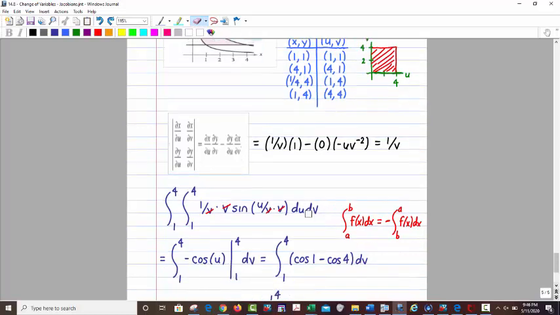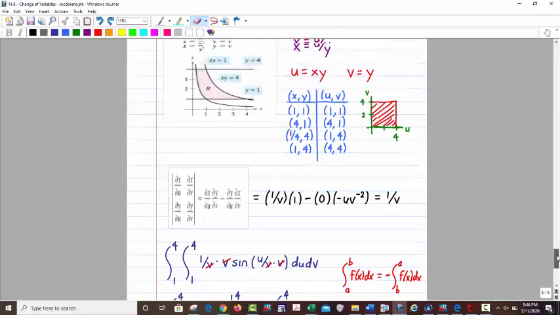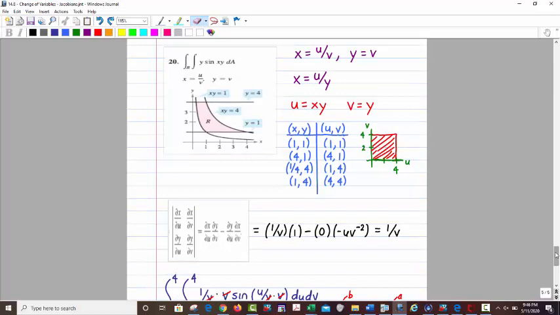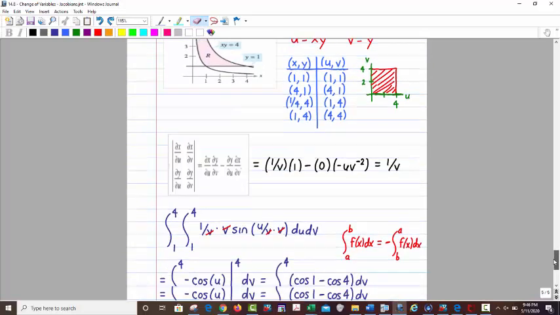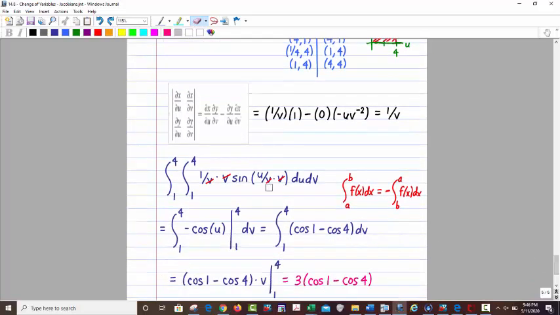And then we have 1 over v times, we come back over here. Let's go back and look at our original integral. So you see that y is v, and then xy is u. I don't know why I did it this way, but I ended up at the same place where it's supposed to be.